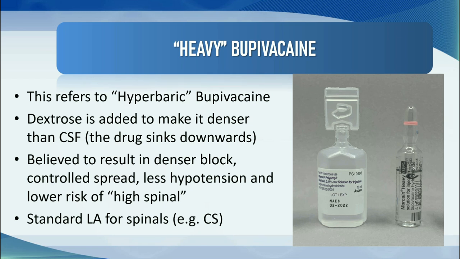Dextrose is added to make it denser than CSF. The drug sinks downwards. This is believed to result in a denser block, controlled spread, less hypotension, and a lower risk for high spinals. It is the standard agent that's used for spinal anesthesia, particularly for cesarean section.